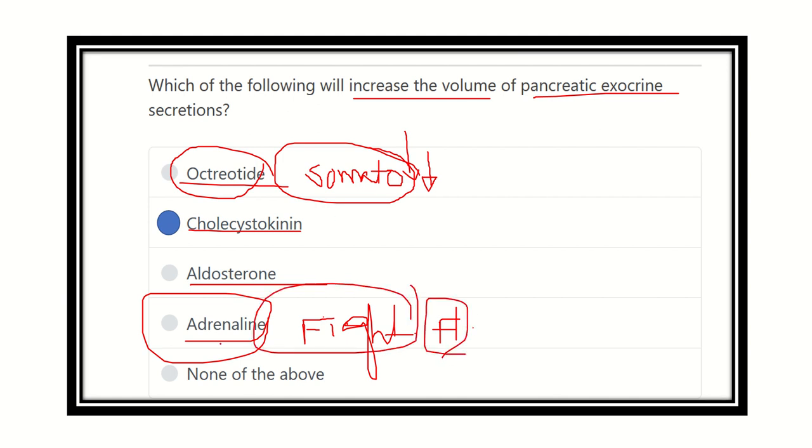So in this condition, do you want to digest your food material or do you want to run from the threat? In this condition, the GIT usually works less. So we do not need the pancreatic exocrine secretion, and during the emergency situation there is decreased secretion in the body.